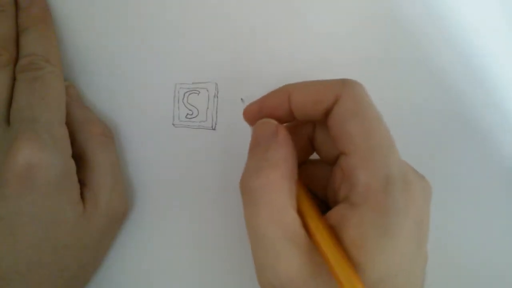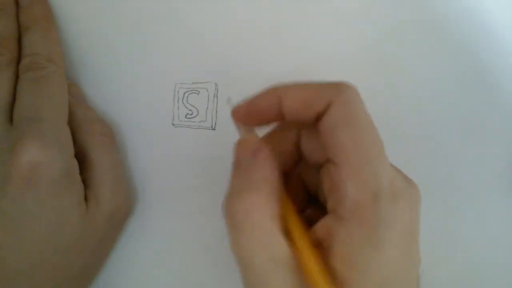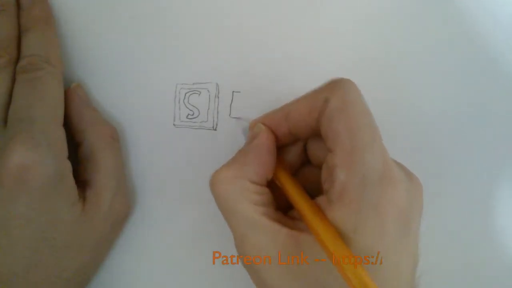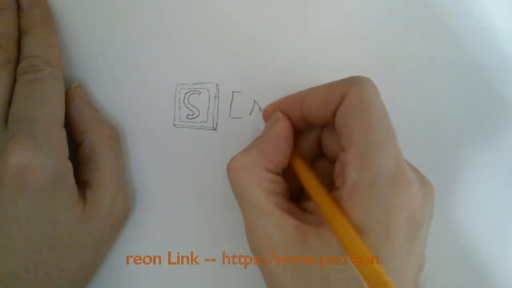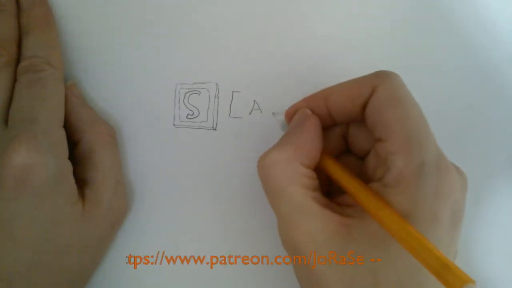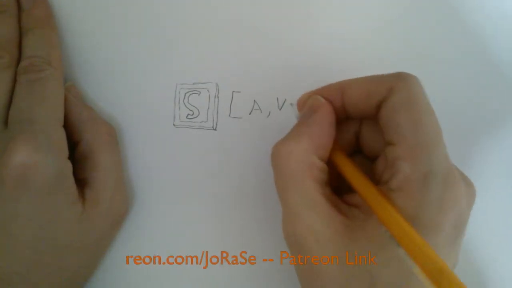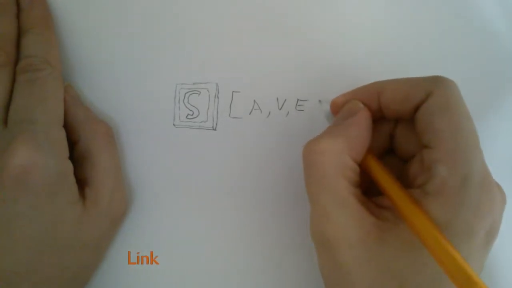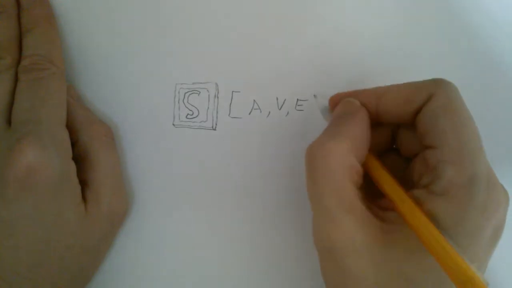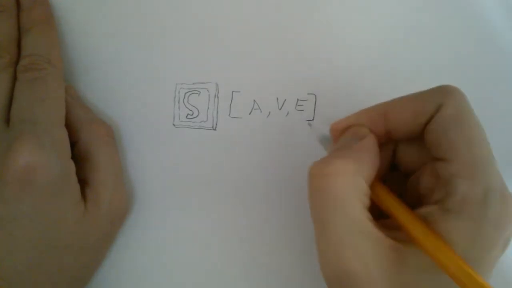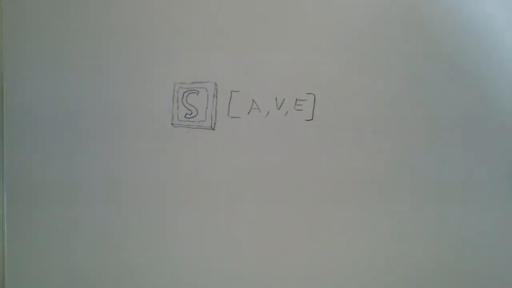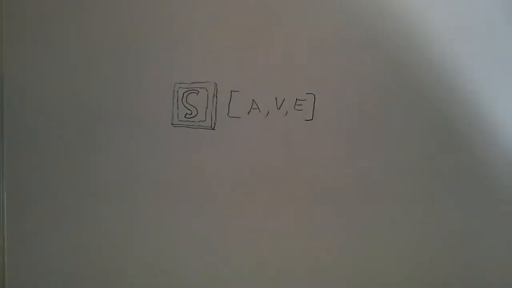And we'll just say the others are A, V, and E in a similar setup. And so that's going to be the main collectible.